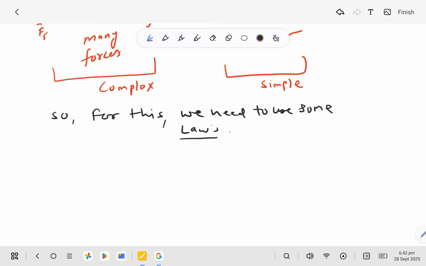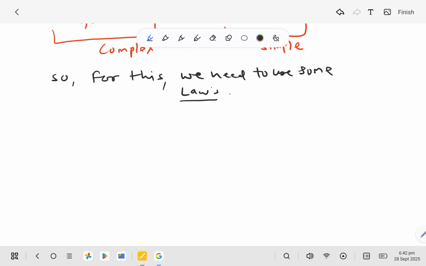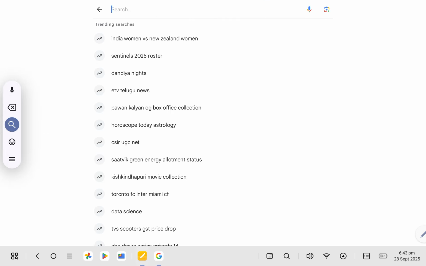So we need to follow some rules, or we need to follow some laws. So there are many laws.